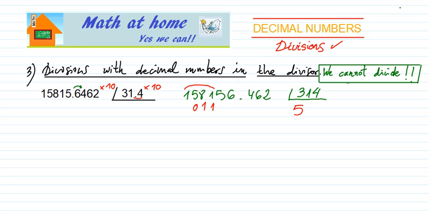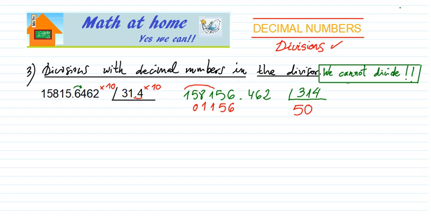And drop down next digit, which is 5. How many times is 314 in 115? Zero, because 314 is greater than 115. Then we put 0, of course. We can consider that we put 0 here and drop down next digit.